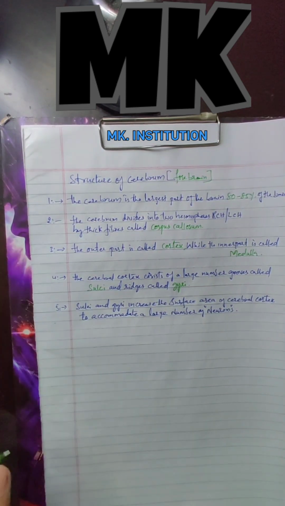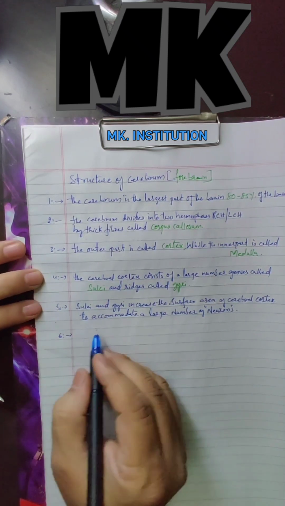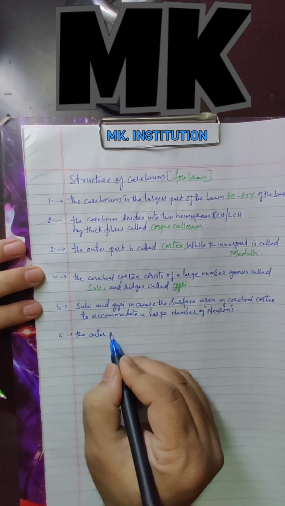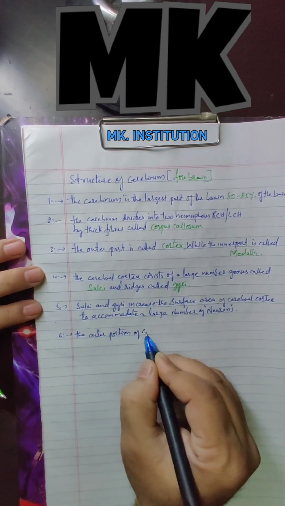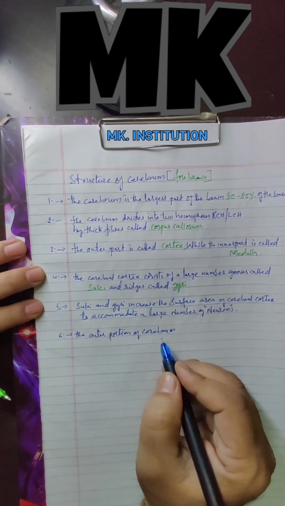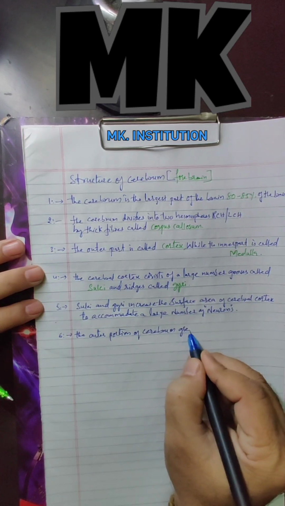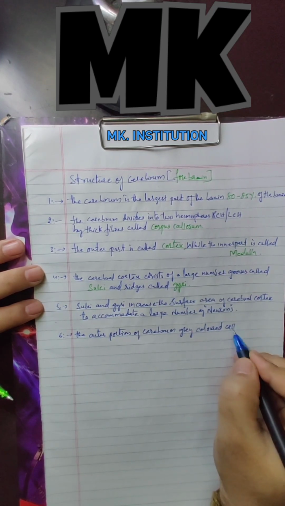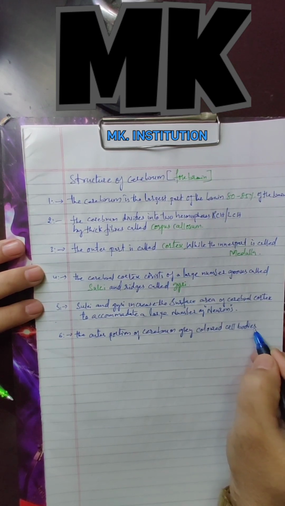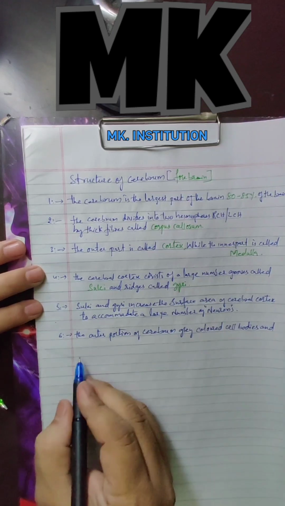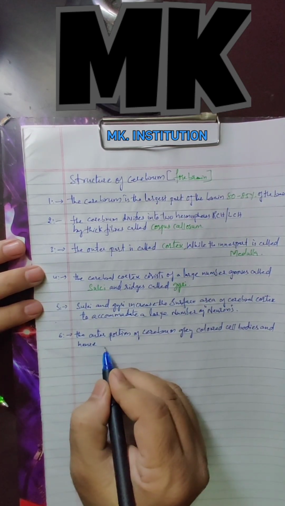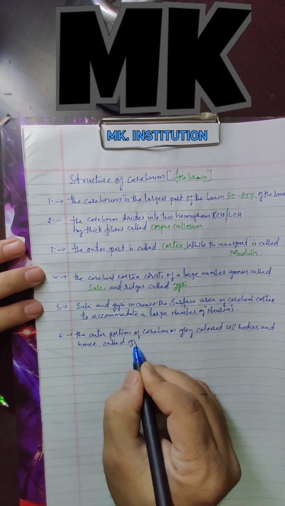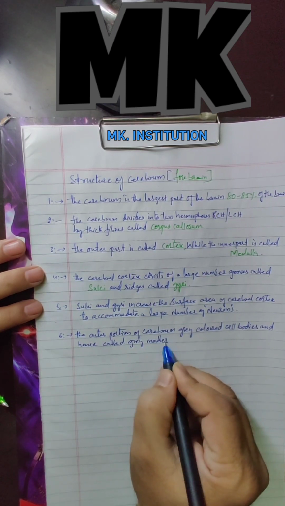Next is sixth one, the outer portion of cerebrum, gray in color, gray colored cell bodies, and hence called gray matter, clear.